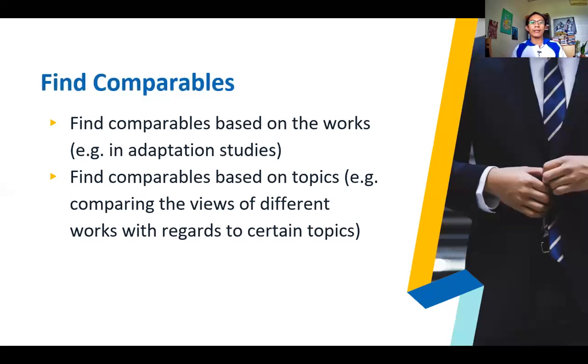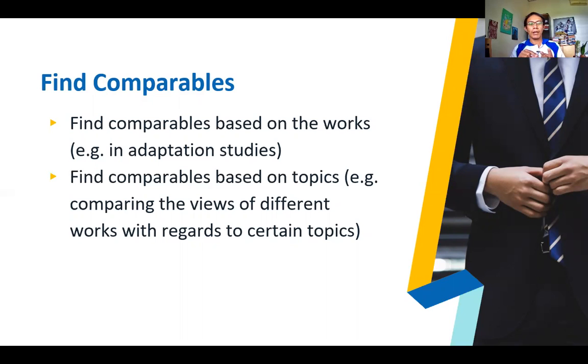And the second one is you can compare works, but you want to find the topics. You want to focus more on the topics than on the works. This can happen, for example, if you compare several works, maybe three novels from Indonesia, the United States, and Australia.